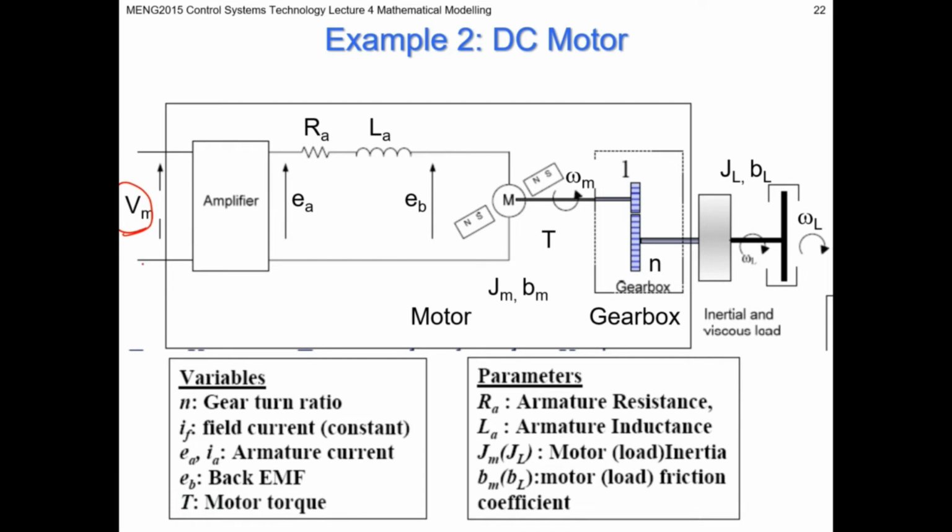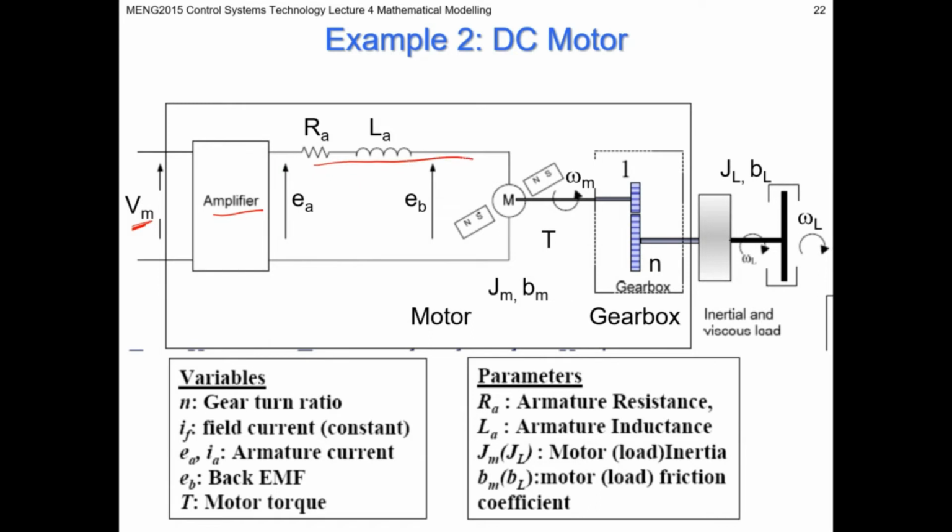If you're running it off some AC source, you have to rectify it and eliminate the AC to give you a DC current. That gives you your input voltage. You may amplify that, using a transformer of some sort, to increase the voltage internally within the motor winding.